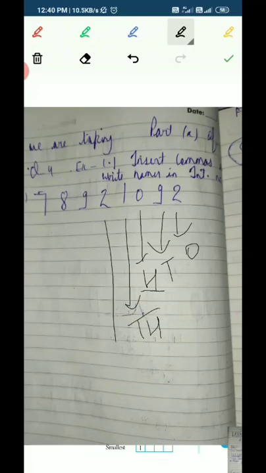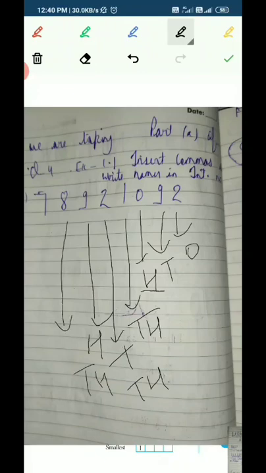So it will be of place value ones, then tens, then hundreds, then thousands, then 10,000s, then 100,000, then million, then 10 million.